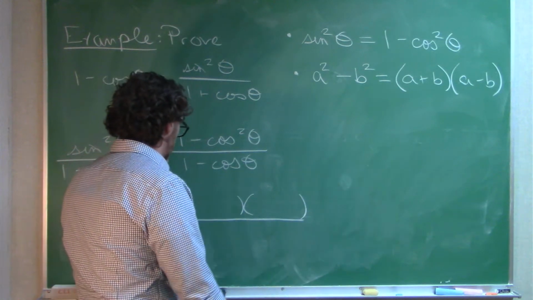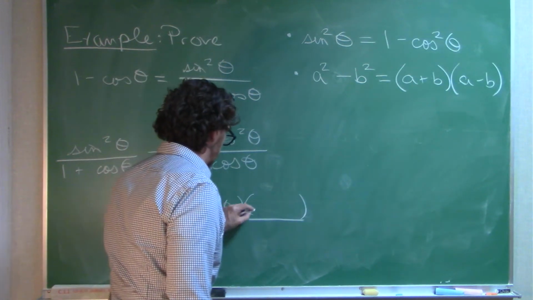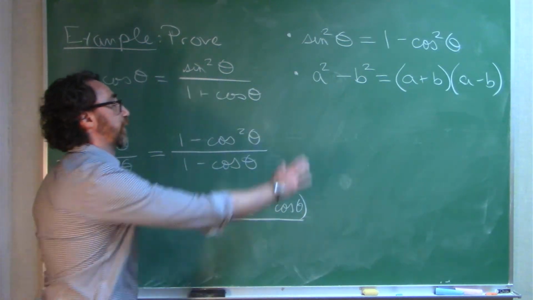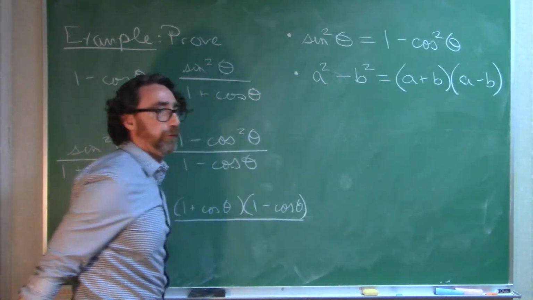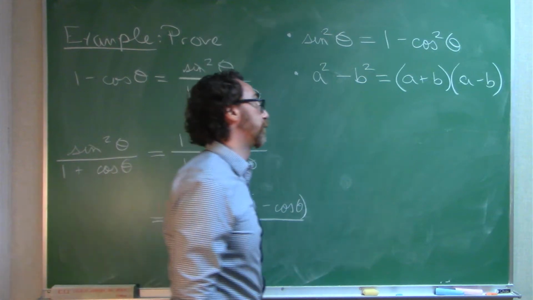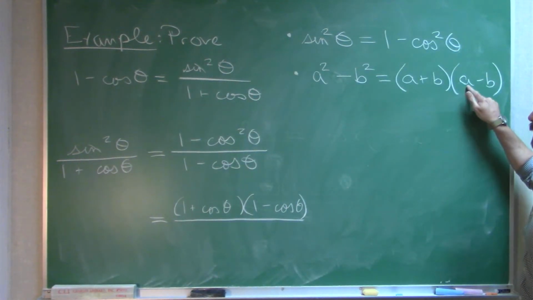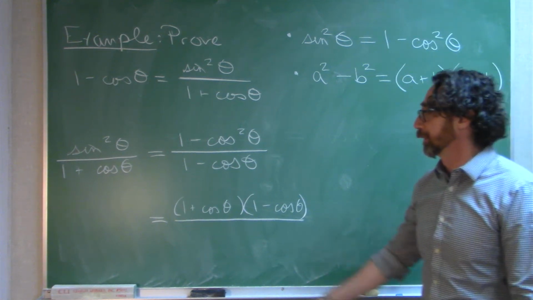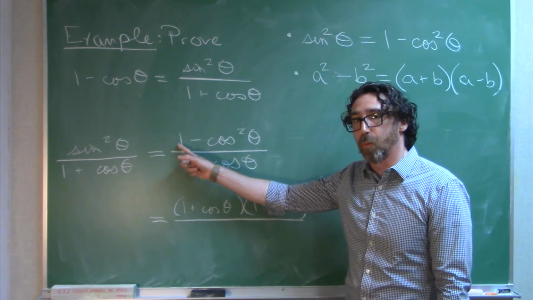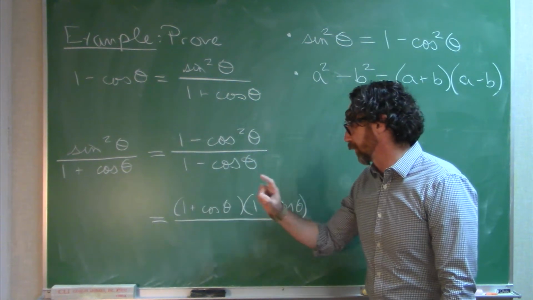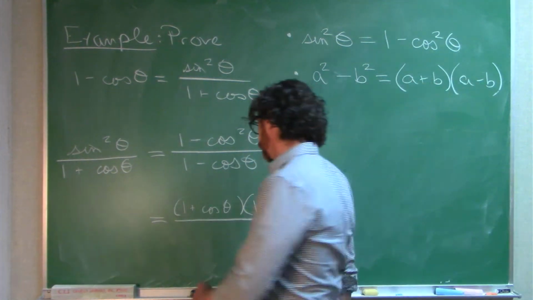So it says I should do 1 plus cosine theta, 1 minus cosine theta. Something squared minus something else squared. It factors into something plus something else, something minus something else. So here the something is the 1, the something else is the cosine. 1 plus cosine, 1 minus cosine.